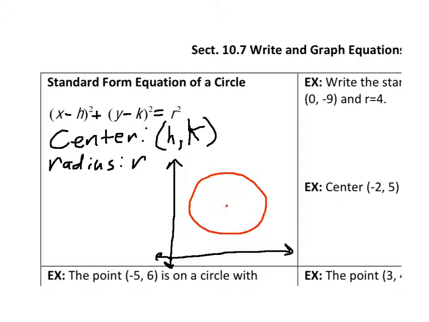It's got a center. This is your radius. So this is r. Your center is here at h, comma k. And then you've got a point out here, x, y.